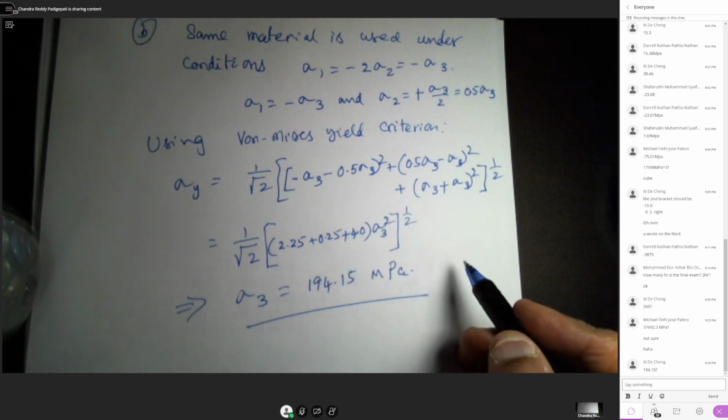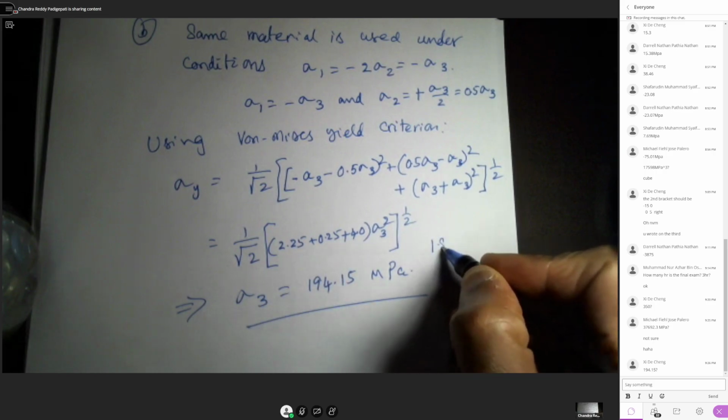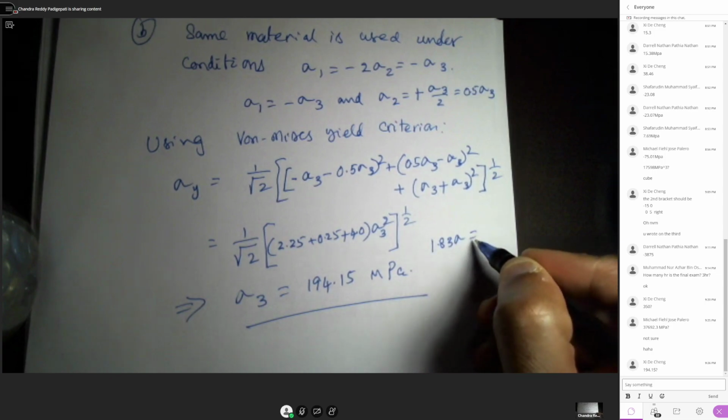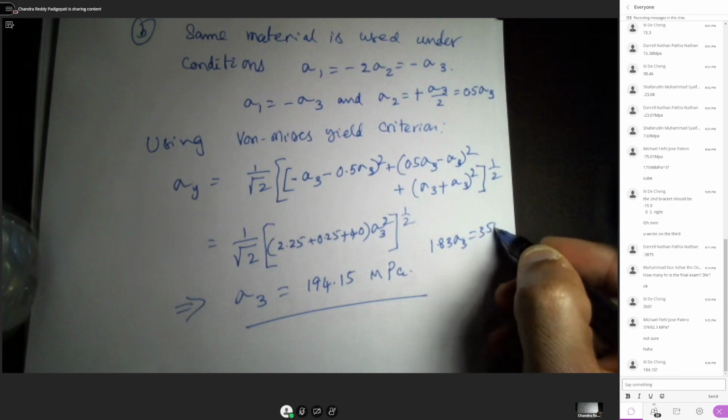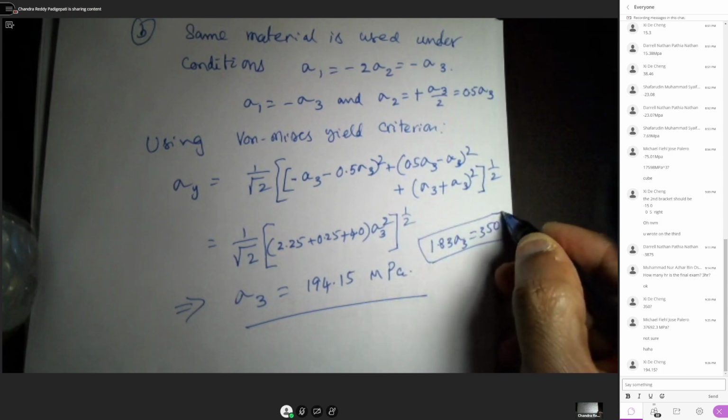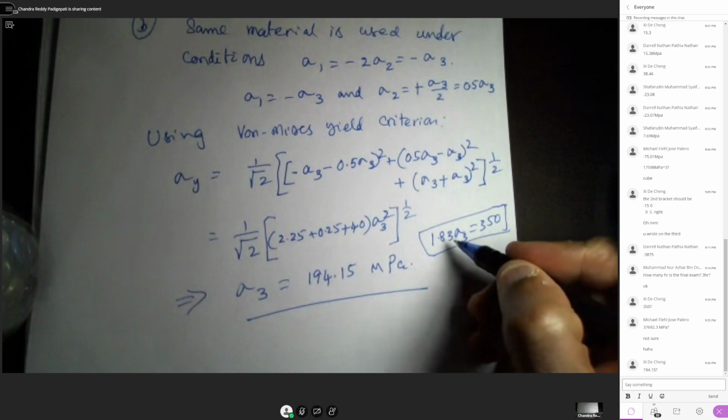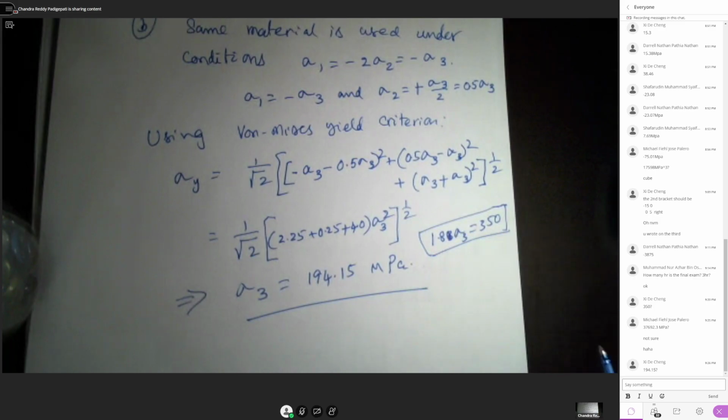So you get something like 1.83 sigma is equal to, sigma 3 is equal to 350. I think 1.8 sigma 3. So 6.5 over square root 2. I think root 6 over root 2. Root 6.5 over root 2.